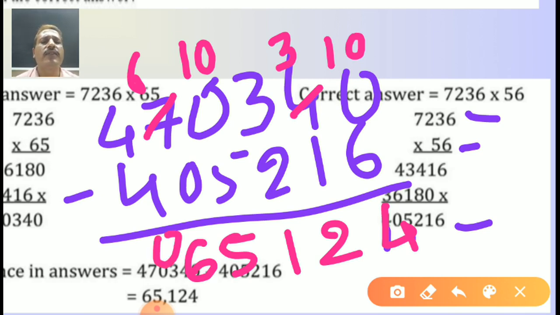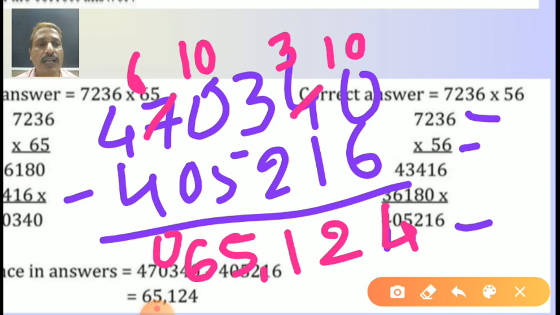See, my answer is here: 65,124. Is it correct? Yes, no mistake. Oh beta, just for showing only. So don't change any numbering. By mistake, if I change here 5 to 6 in a hurry, you will get a wrong answer.